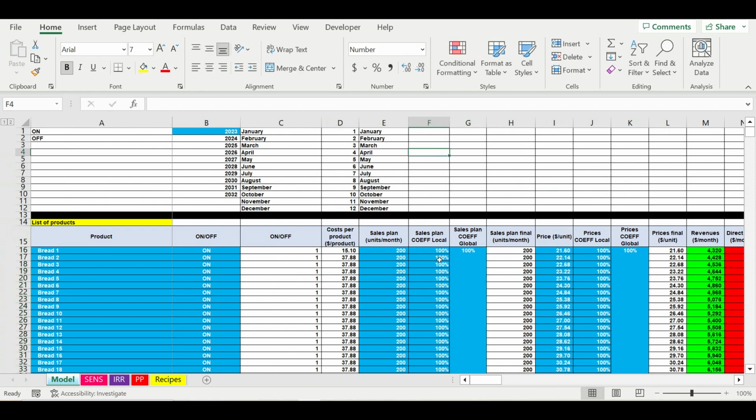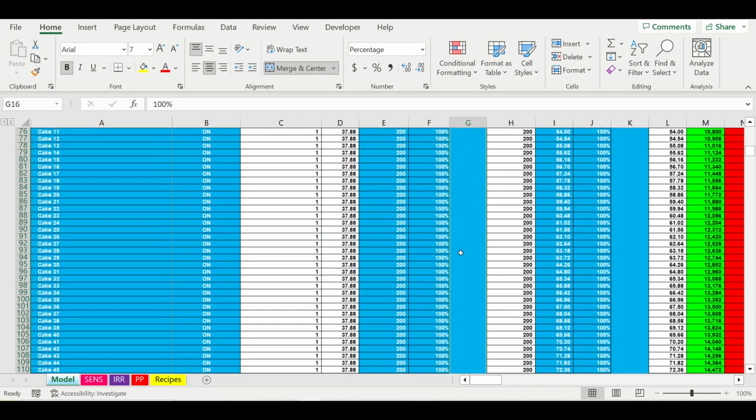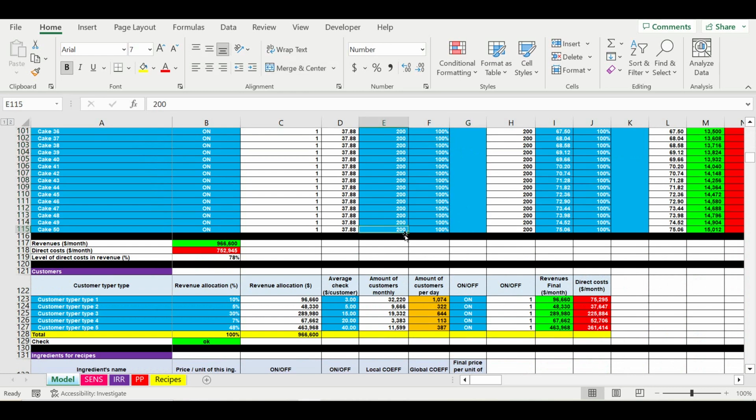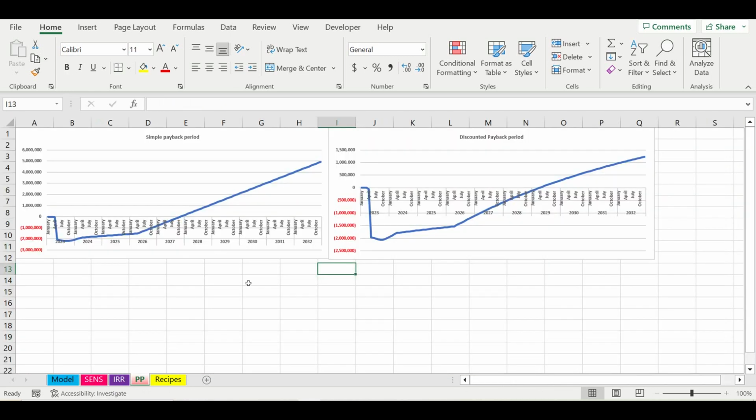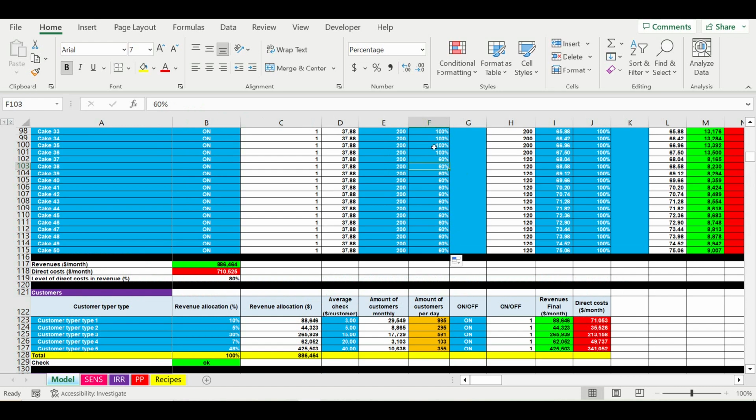Or, for example, the business owner can go to specific items and decrease their sales plan, taking, for example, 60% of the sales plan for specific items. Or what will happen if we have 50% of the sales plan for these items?